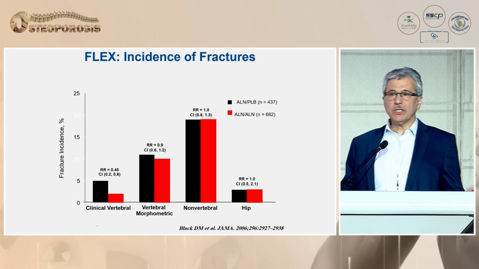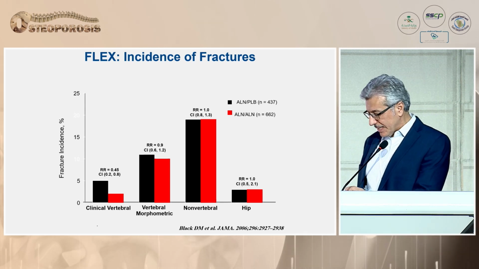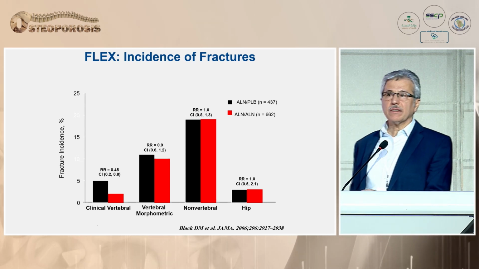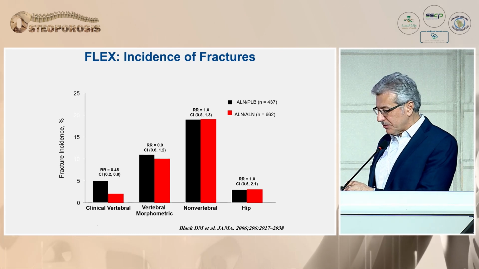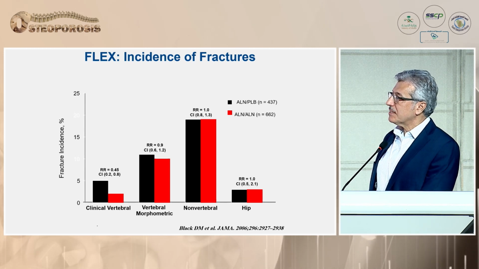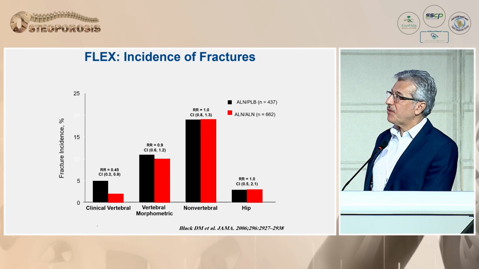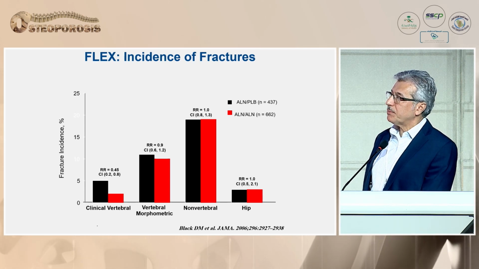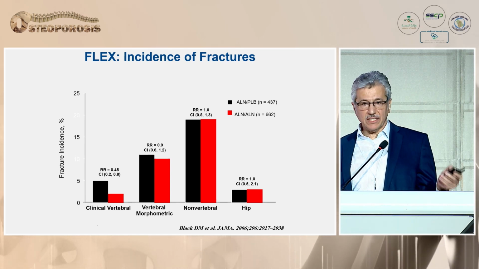Now, one thing we learned also from studies on alendronate, which is important, is the issue of the duration that we will talk about later. But as you see in this study called FLEX, they treated patients with alendronate for 5 years, and then switched them to placebo for another 5 years, versus another group that continued on alendronate for 10 years.